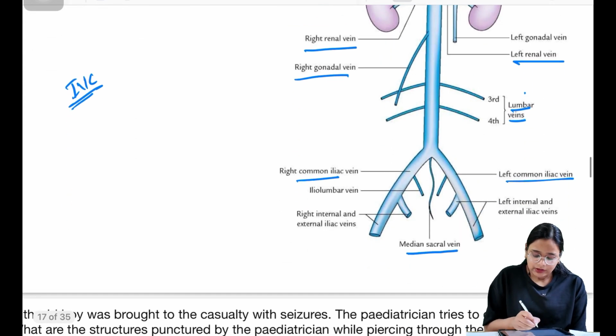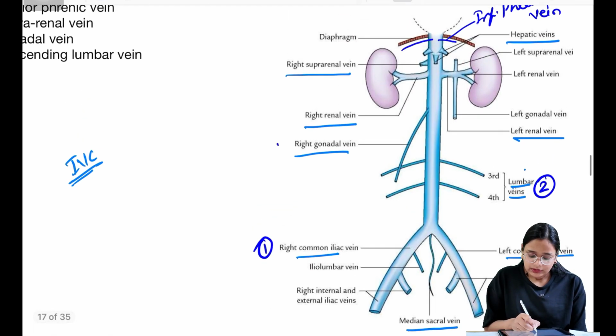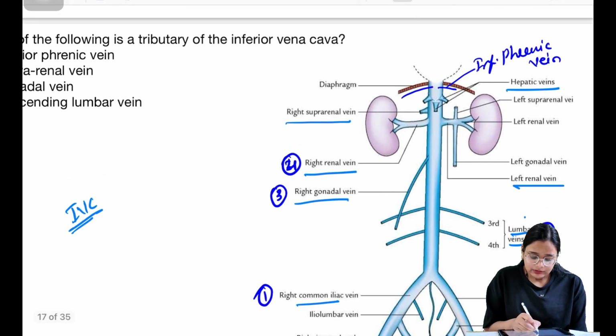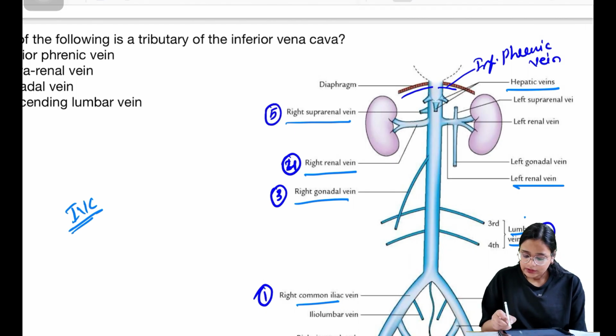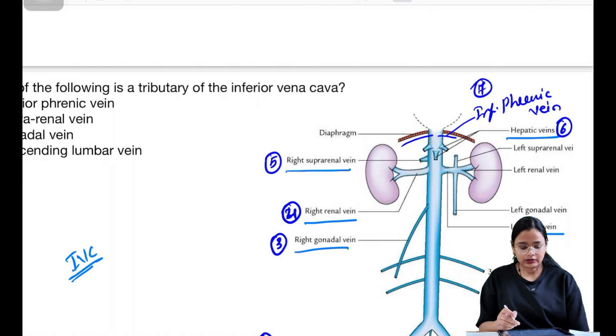So if I recap, right and left common iliac vein, 4 pairs of lumbar veins, right gonadal vein, right and left renal vein, right suprarenal vein, then hepatic vein, and right and left inferior phrenic veins.